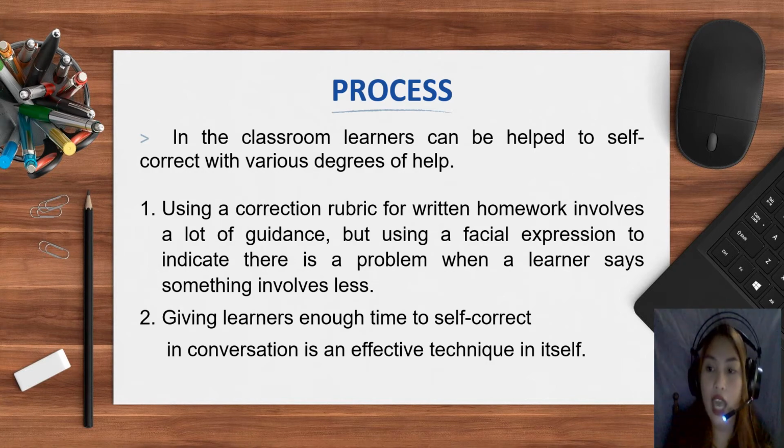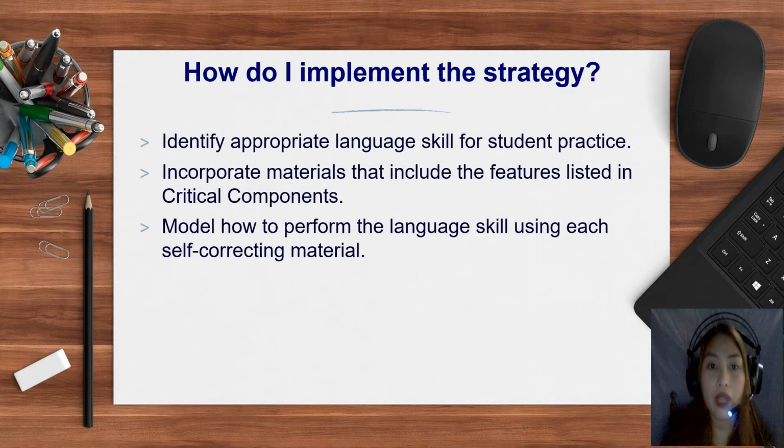Okay. Next is how to implement the strategy. Number one is to ensure that you identify the appropriate language skill for their practice. So you may use diagnostic activities for this or tests. Number two is include materials that are listed in critical components.